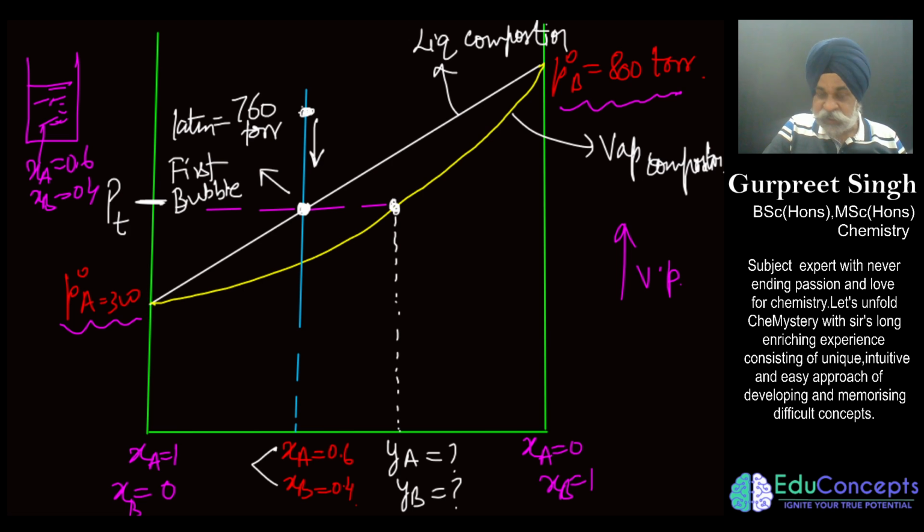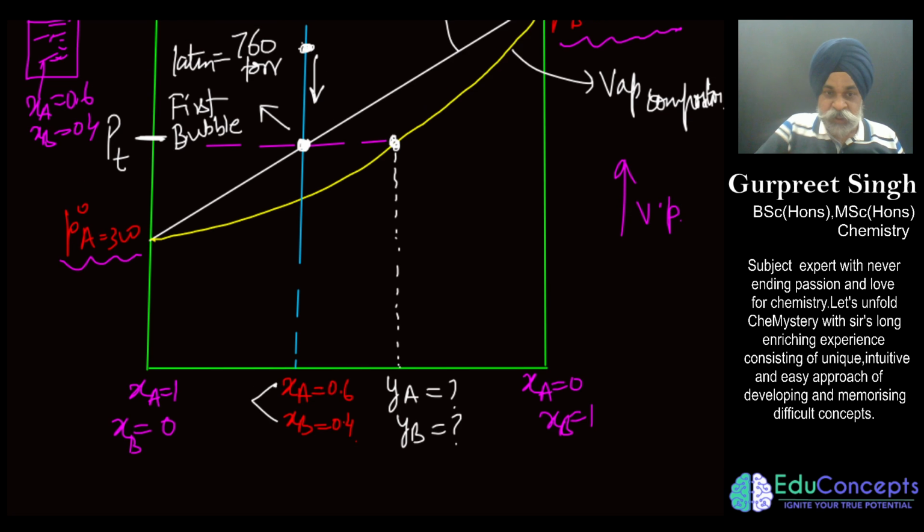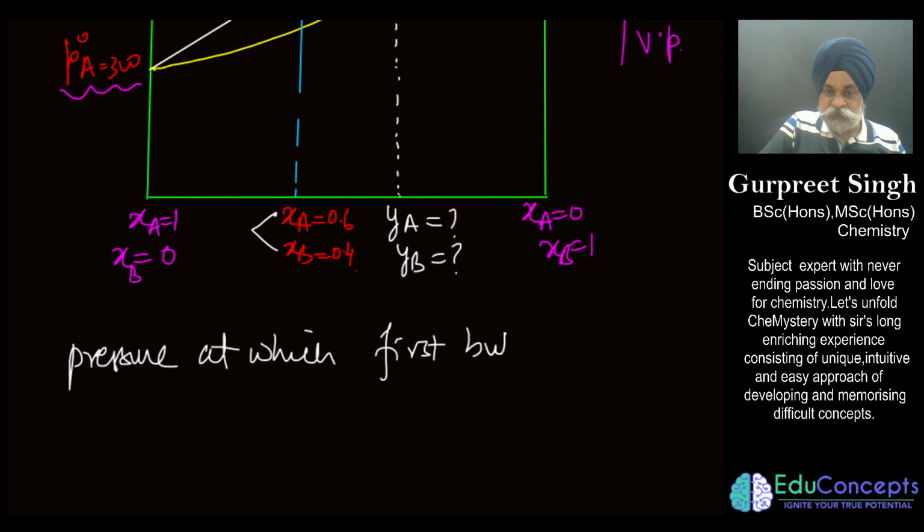That can also be asked in the paper. Now, let me show it in another way: the pressure at which the first bubble of vapor came out. How do we find it out?